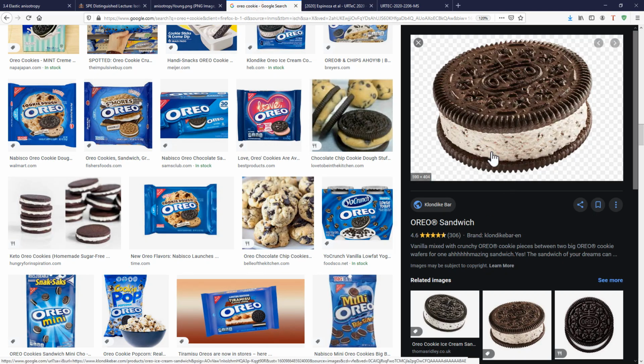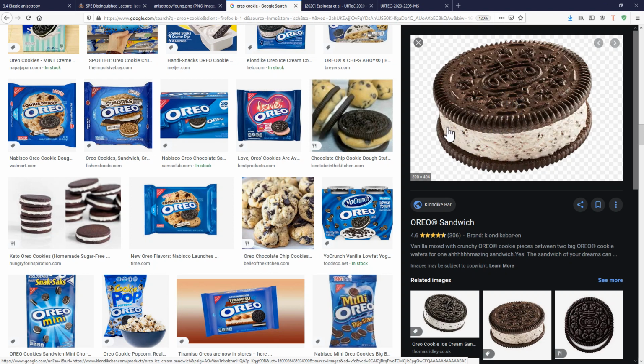Imagine an Oreo cookie. Well, you can see an Oreo cookie here, you don't have to imagine, but next time before you eat an Oreo cookie, you press it in a direction perpendicular to the plane of the cookie, and you will find out that what you're deforming actually, you're pressing both things, but you're deforming the filling, not the cookie.